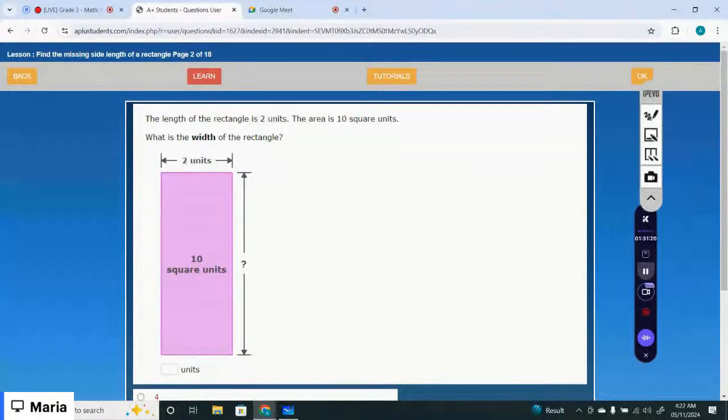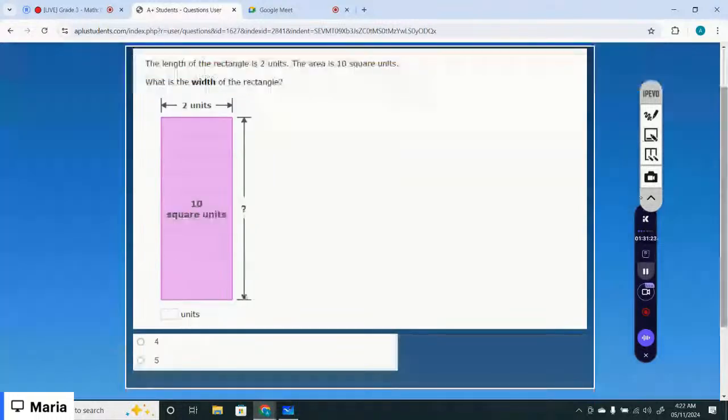That is 2 times 5, right. So the missing number is 5. Option number 2 is the correct option. Very good.